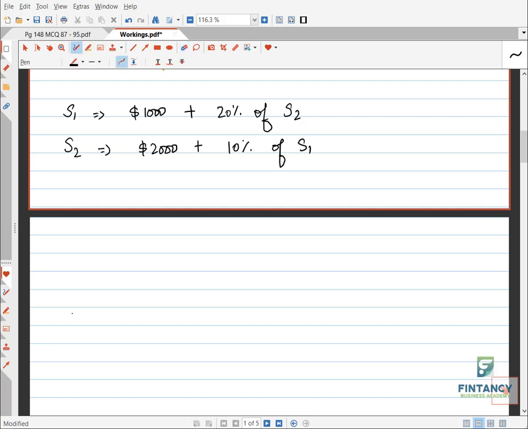So let's keep it simple and we will say okay, this is equation number 1 and this is equation number 2. So I say okay, putting equation number 2 in equation number 1, right? What is equation number 1?